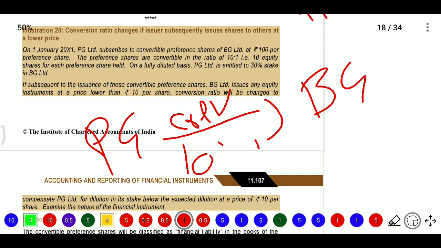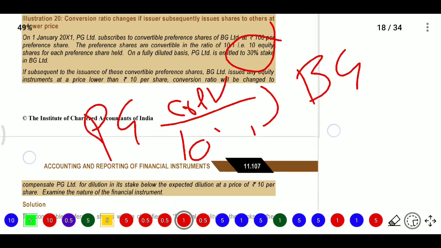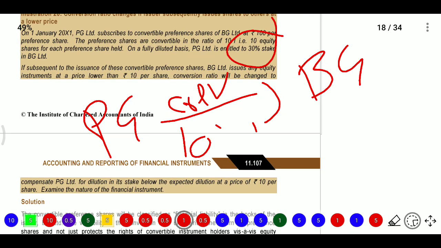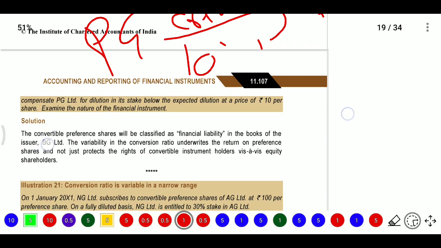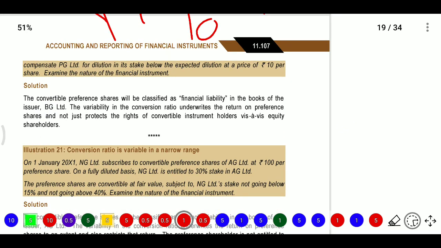On a fully diluted basis, PG Limited is entitled to a 30% stake in BG Limited. If, subsequent to issuance of these convertible preference shares, BG Limited issues any equity instrument at a price lower than 10 rupees per share, the conversion ratio will be changed to compensate PG Limited for dilution in its stake below the expected dilution at the price of 10 rupees per share.